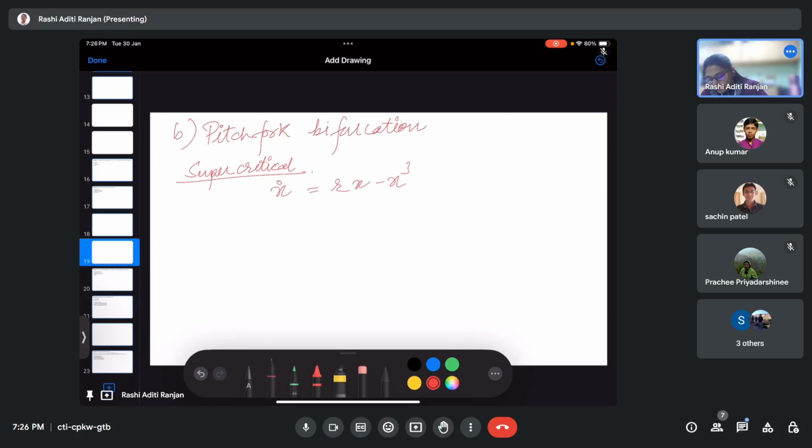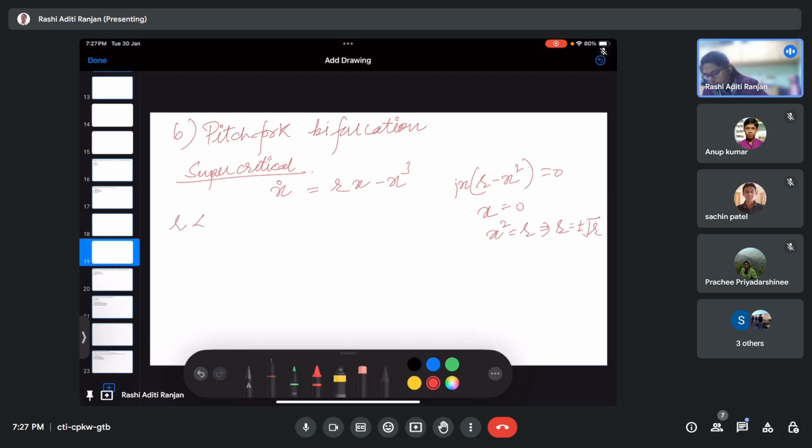In order to get the fixed points, I'll take x common, r minus x square is equals to 0. So x is equals to 0 is a fixed point, and x square is equals to r, which implies x is equals to plus minus under root of r is going to be another set of fixed points, isn't it?